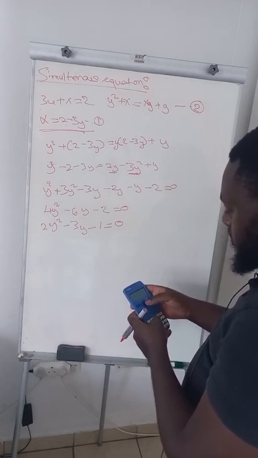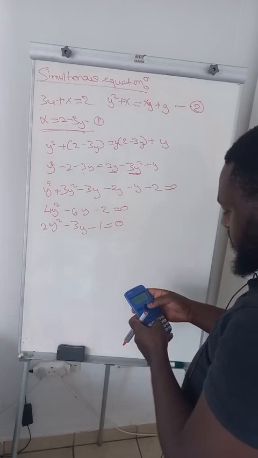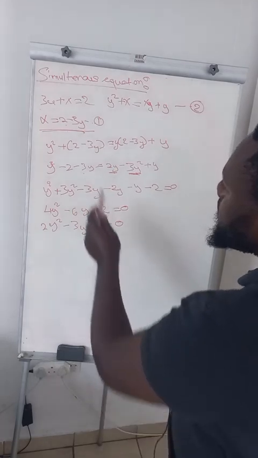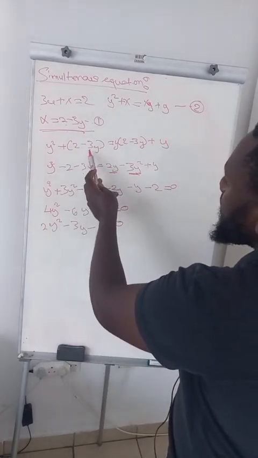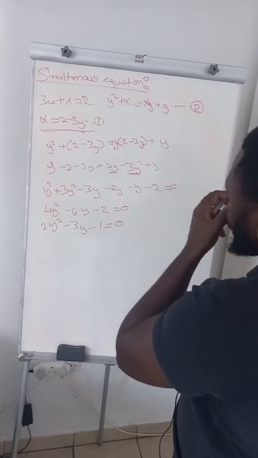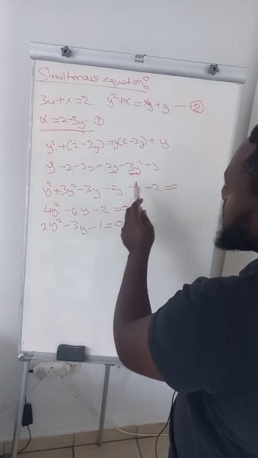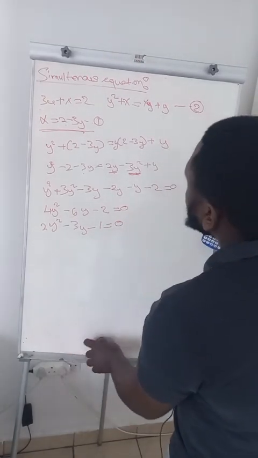And then here I'm missing something. I am missing something. This is 2 y squared minus 2, 3y. Why is this? This is y minus 3y squared plus a y. Okay, it's fine. Let me check here.